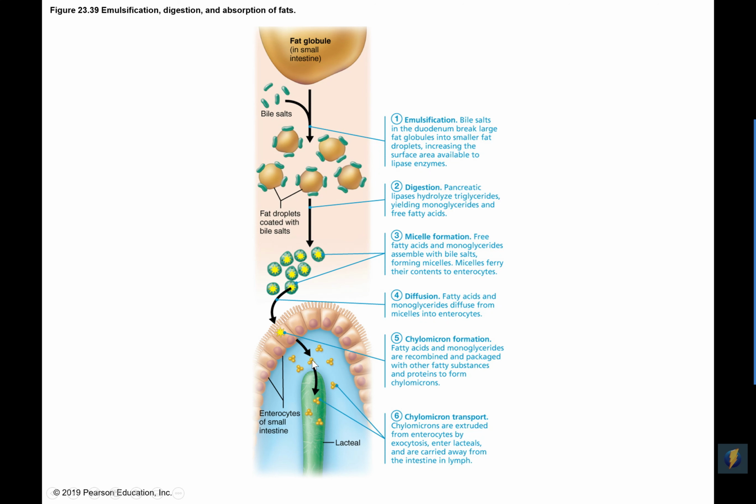They are then packaged with some proteins into something called a chylomicron, and it is ultimately that chylomicron that is absorbed into the lacteal, and the lacteal will dump into the lymph system. And so fats, when they are absorbed ultimately into the lymph system, do not go to the liver like the carbs, the proteins, and the nucleic acids. So slightly different process for the fats than the carbs, the proteins, and the nucleic acids.